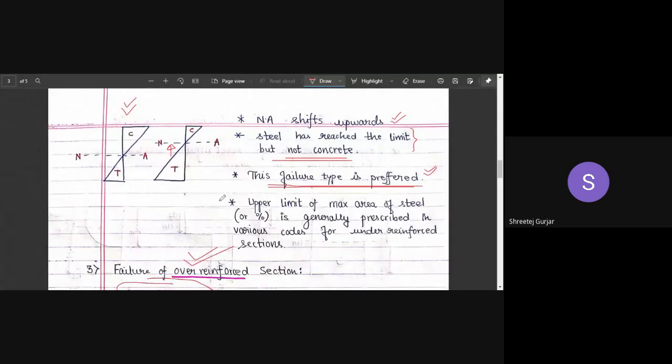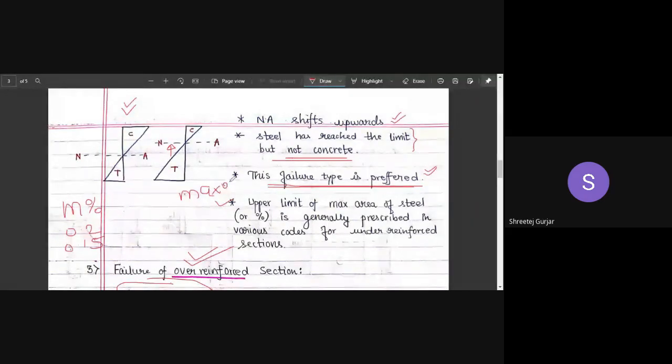Then one more important thing is that an upper limit of maximum area of steel is generally prescribed in various codes for an under reinforced section. We know there is a minimum limit, the minimum percentage, as we have studied. It is 0.2 or 0.15. Also, there is an upper limit, a maximum percentage of steel which you can provide.